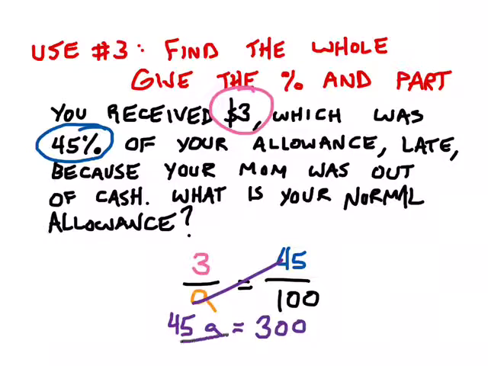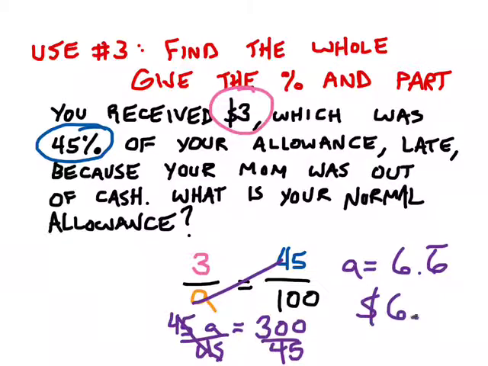I'm going to divide both sides by 45 to get rid of that 45 on the A, and 300 divided by 45 gives me the value of A, which in this case is going to be 6 and 6 repeating forever. It's kind of an odd amount, but since this is money, I'm going to assume that my normal allowance is $6.67. I'll just round to the nearest cent. Again, not a normal allowance amount, I imagine, but that's apparently what this problem would suggest.